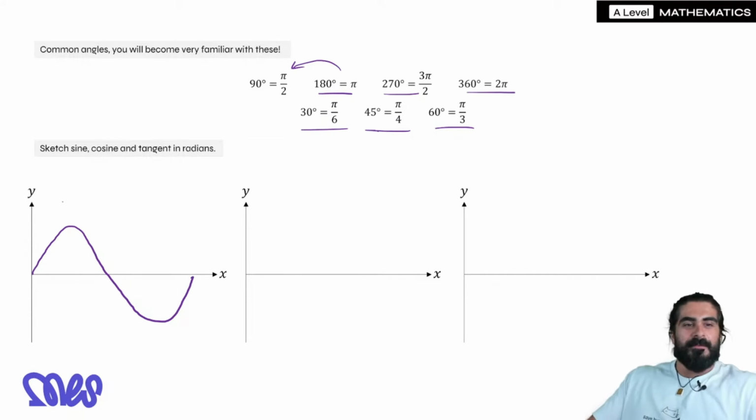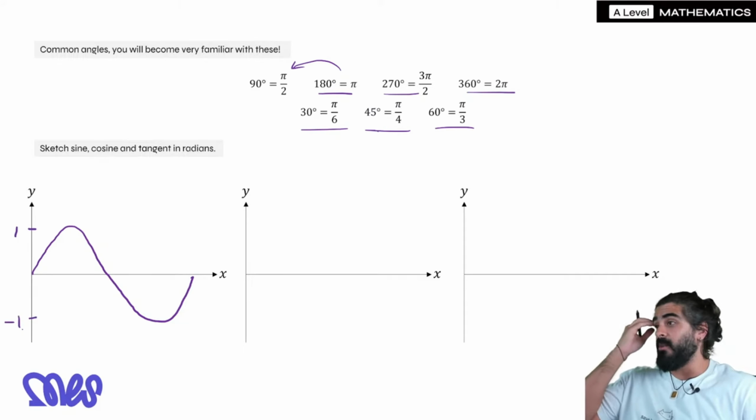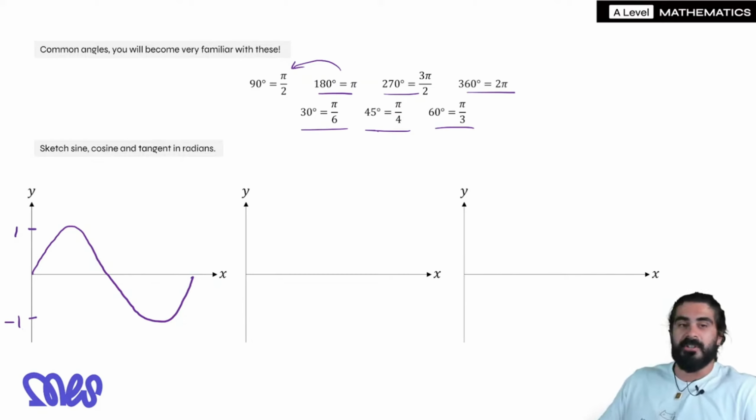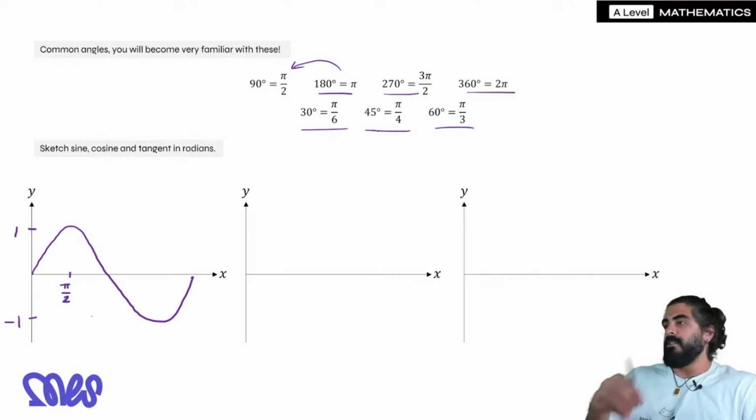Okay, so the sine graph, 1 to minus 1, that doesn't change. That's just the y-axis. But the x-axis does change, because whether we're talking about radians or degrees, it does make a difference. Now, we know the peak of the sine graph usually is 90 degrees, right? Now, 90 degrees is pi over 2. On the workbook, all these axes are there, so you're just drawing over the workbook, yeah?